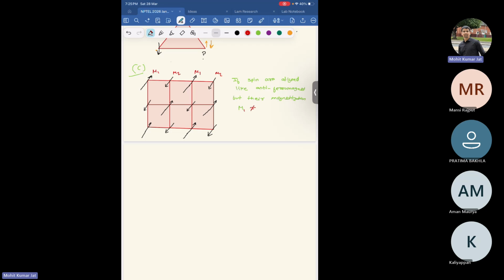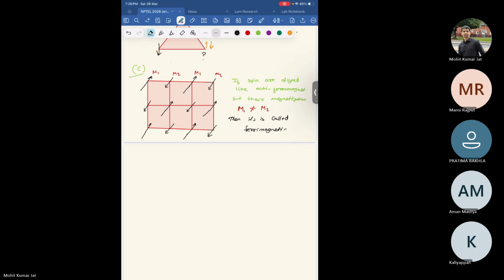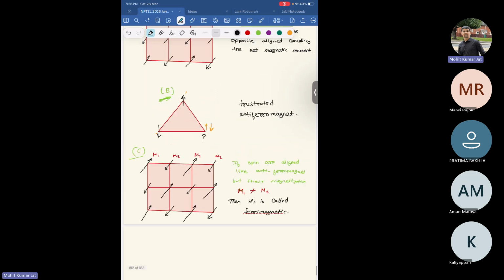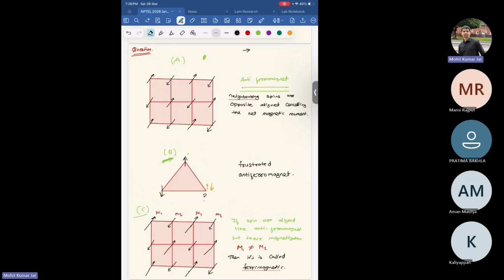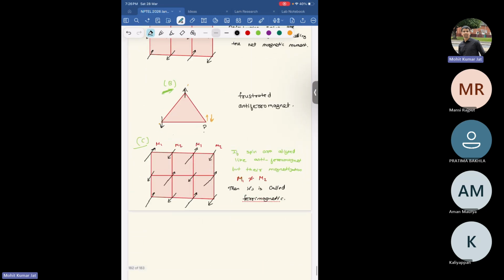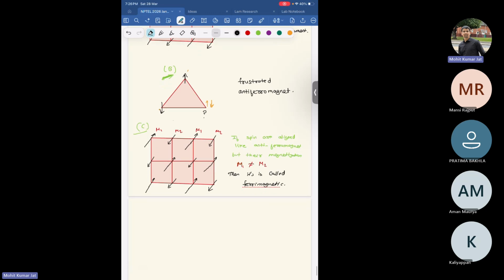If M1 is not equal to M2, then it is called ferrimagnetic. So looking at the spin arrangement in the system, you can tell which will be an antiferromagnet and which will be a frustrated antiferromagnet. If the magnitudes are different, then it will be a ferrimagnet. So that is all about this in today's class.